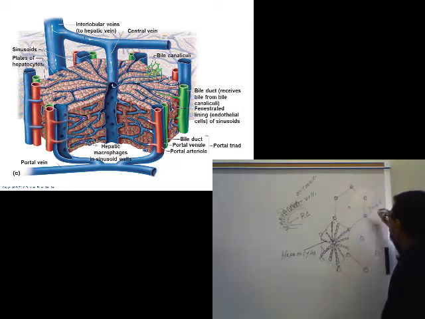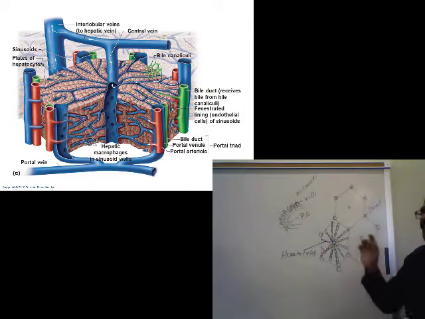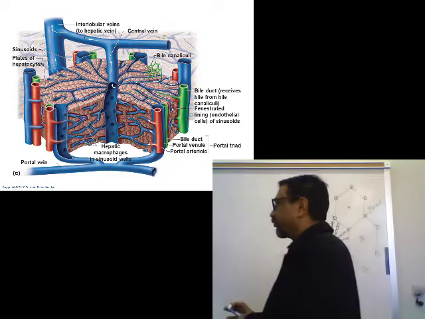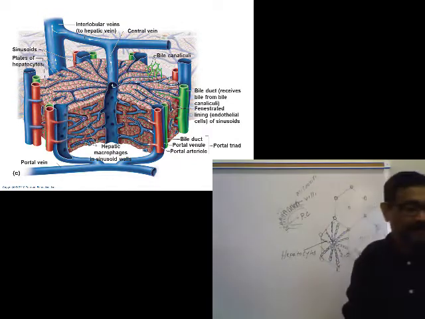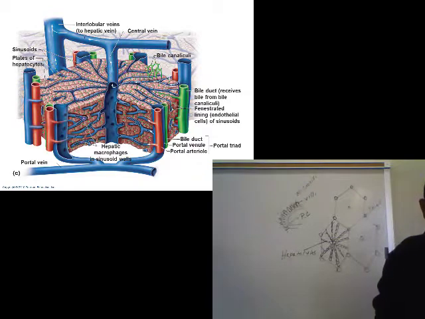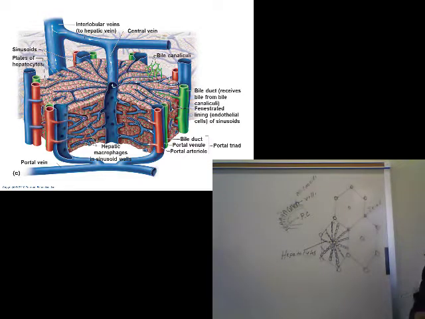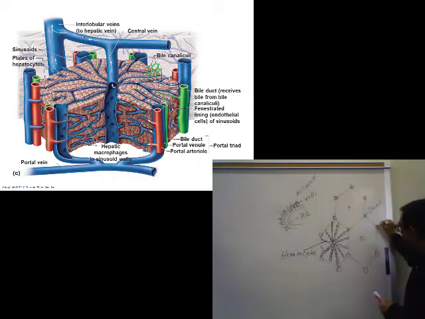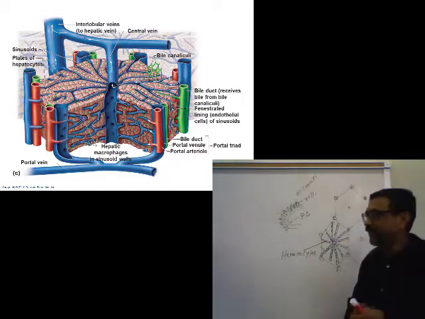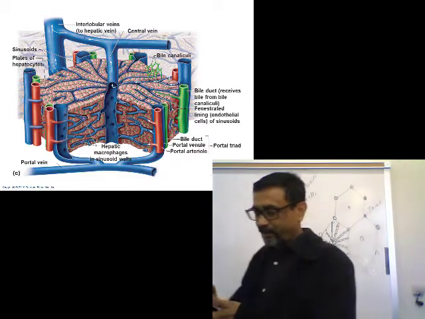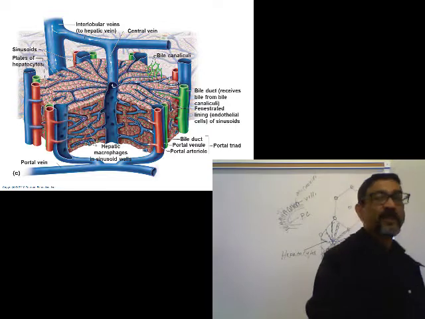And inside the portal tract you have an artery, a vein and a bile duct, a branch of the duct. So those 3 structures are inside each portal tract: an artery, a vein and a duct. And that's how beautifully the liver is structured.